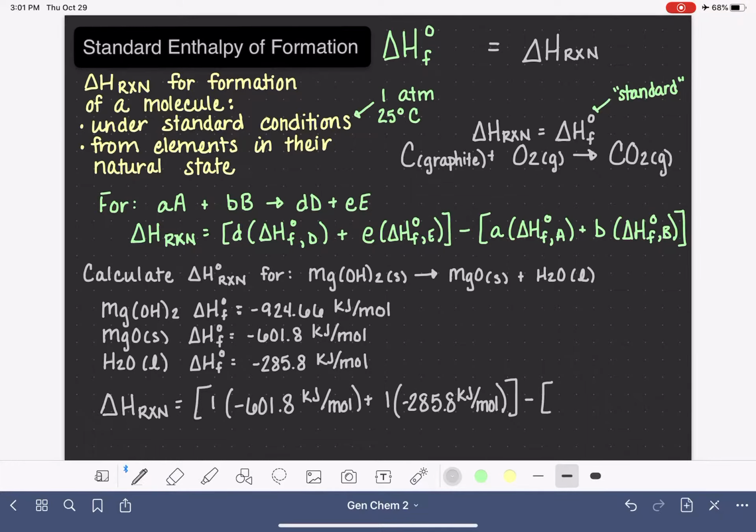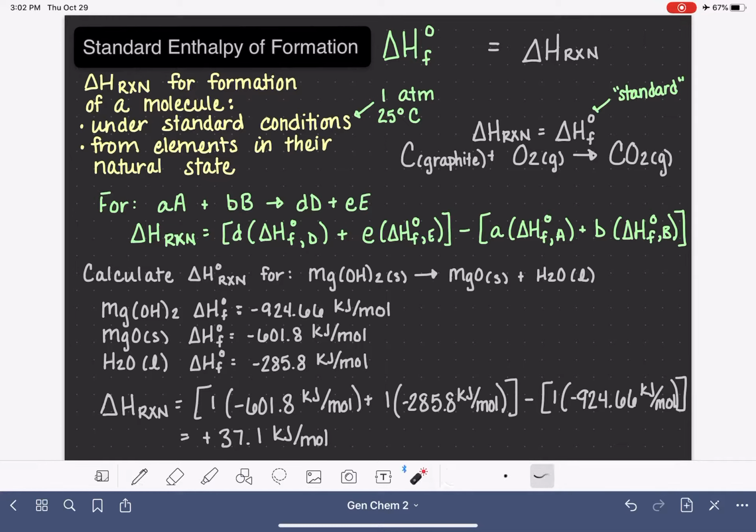From that, we are going to subtract our reactant, magnesium hydroxide, there's only one of them, and the standard enthalpy of formation for this guy, negative 924.66 kilojoules per mole. We do the math out on this, and it works out to be a positive 37.1 kilojoules per mole.